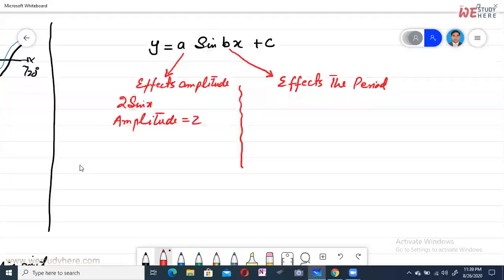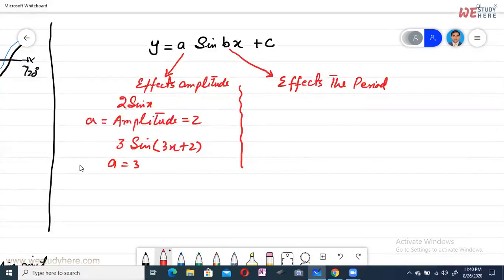Amplitude here we are representing with a. In the general y is equal to a sine bx plus c, a is the amplitude, that is 2. Suppose here is 3 sine, and the angle is 3x plus 2 or something else, but in the beginning this 3 is the amplitude. Here a will be 3.